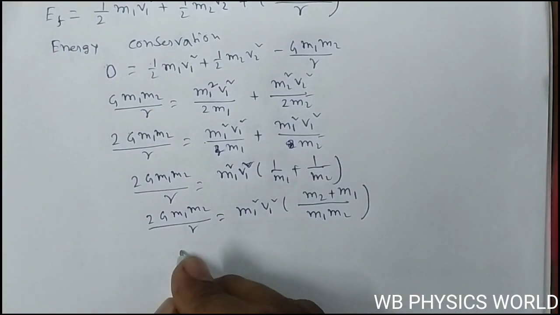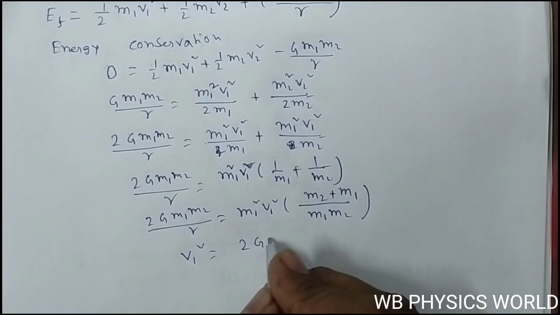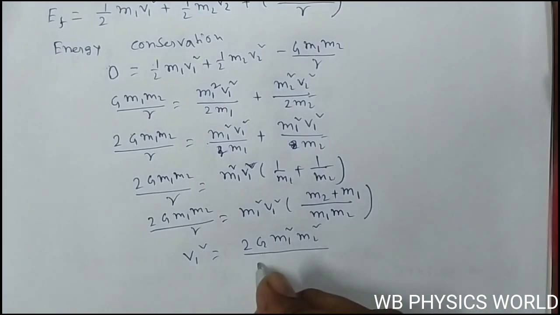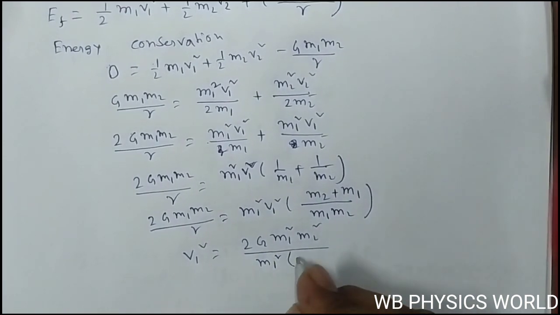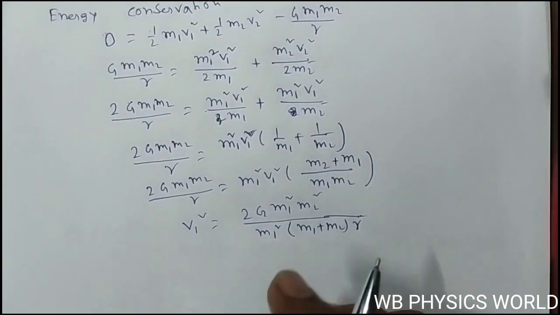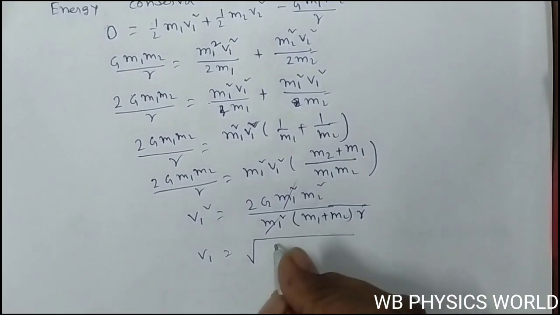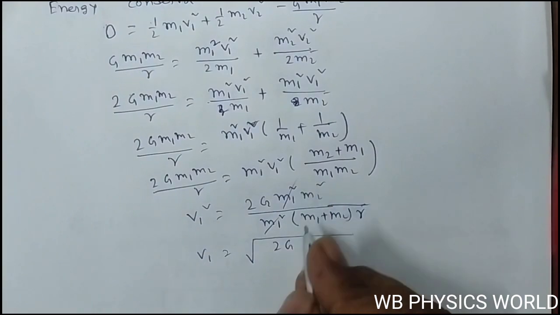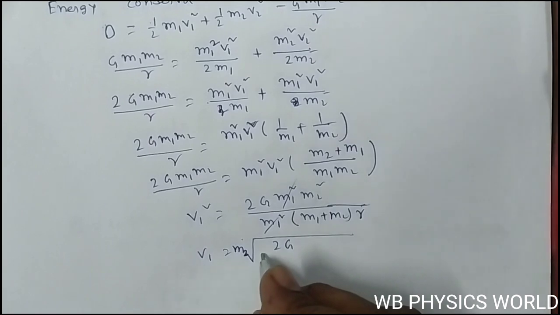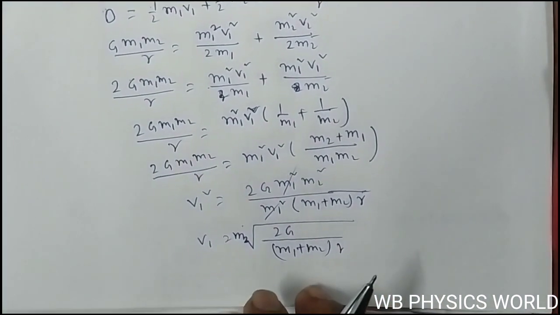So v1 square can be written as 2G m2 square by (m1 plus m2) r, after m1 square cancels. So v1 equals root over 2G, since m2 square is there, m2 can come outside, times root of (m1 plus m2) by r.